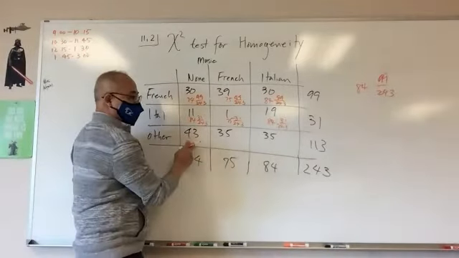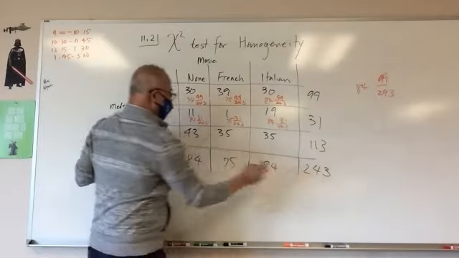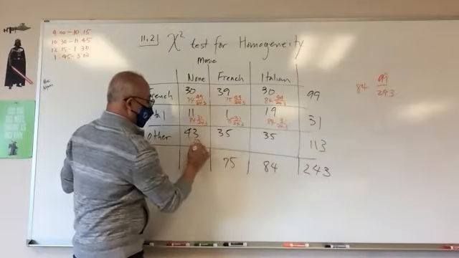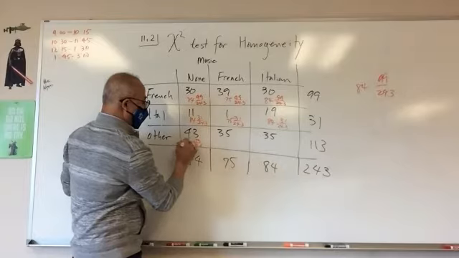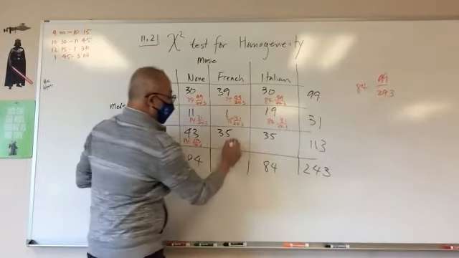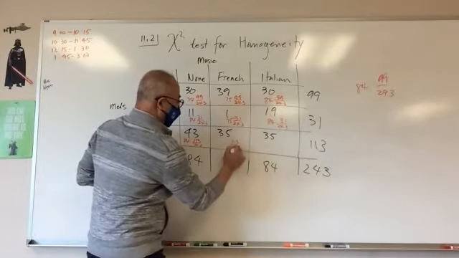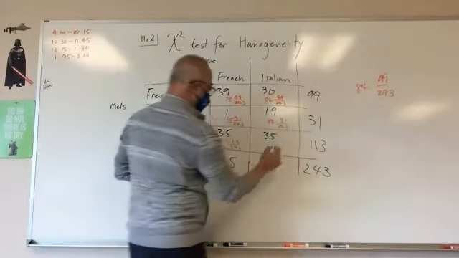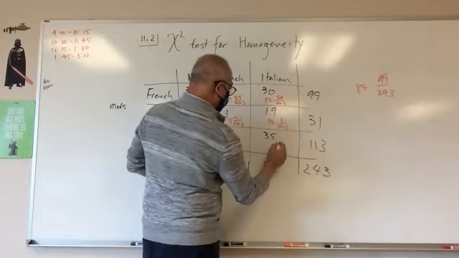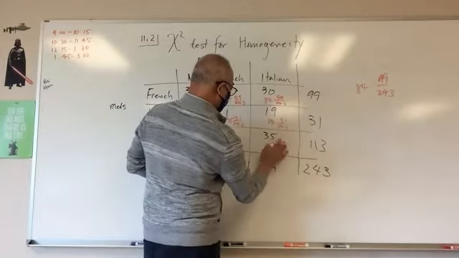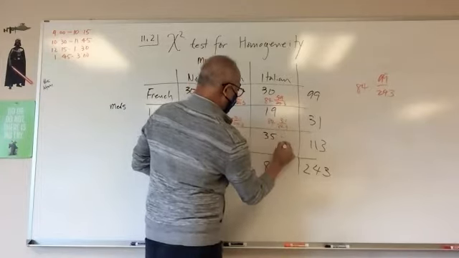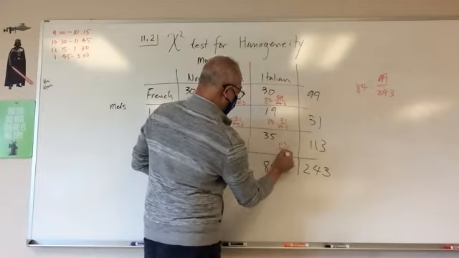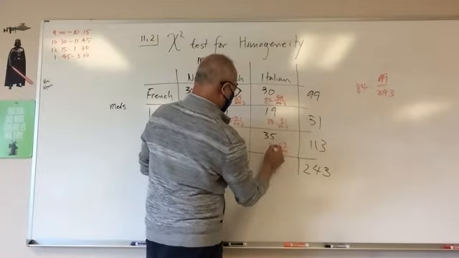Over here, 113 out of 243, but I have 84 people here. 113 out of 243 times 75, right? And then I'm going to go 113 out of 243 times 84.